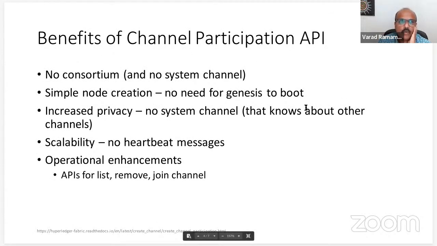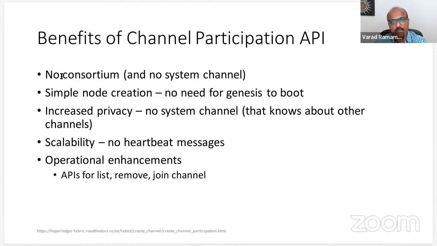So what other things? Again, no consortium. System channel had the concept of consortium, which encompassed all the different organizations that are part of the consortium. That's gone. You need to think of the new architecture much like peers joining a channel: the orderers are joining a channel.